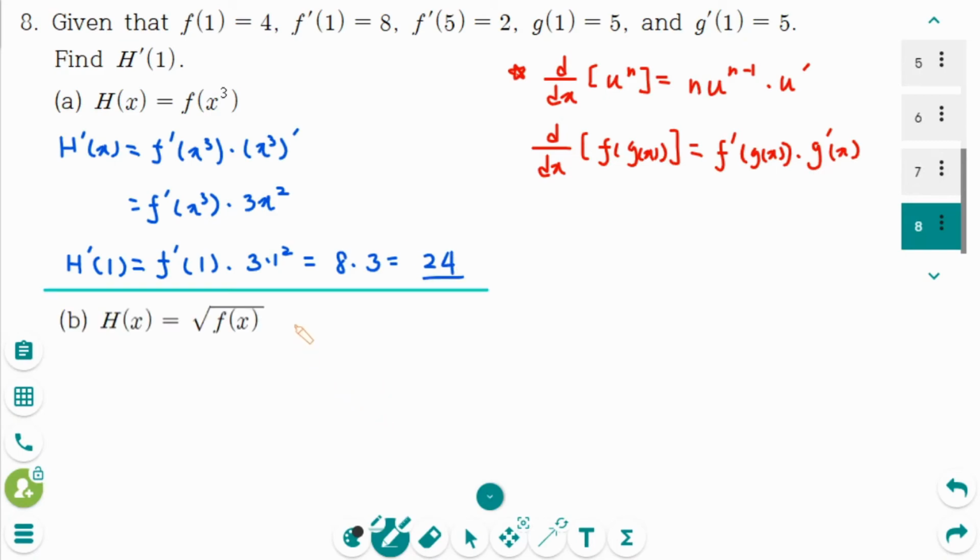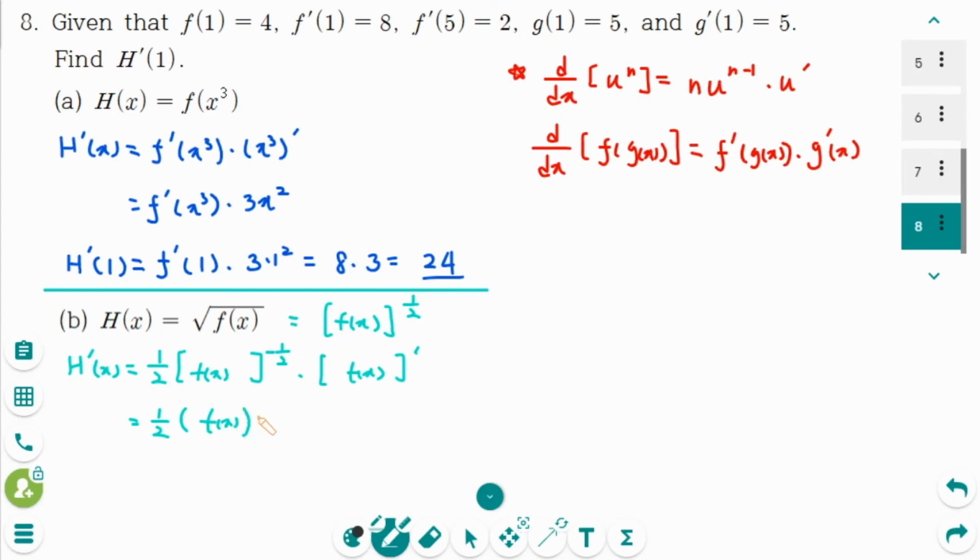Number B, we can rewrite as f of x to the power of 1 over 2. Then h prime x equals 1 over 2 derivative of the outside times derivative of the inner function. So keep the inner function. So 1 over 2 times f of x to the power of minus 1 over 2 times f prime of x.